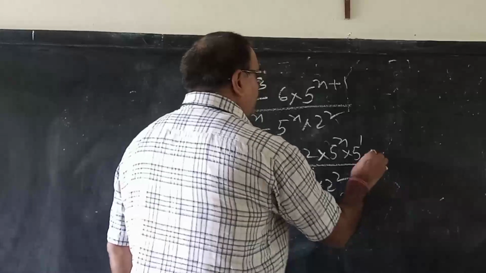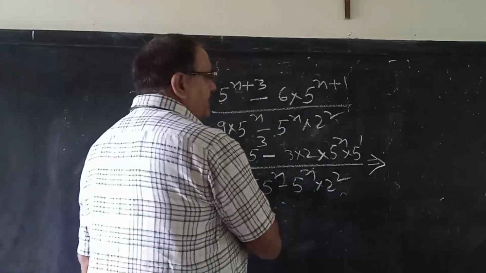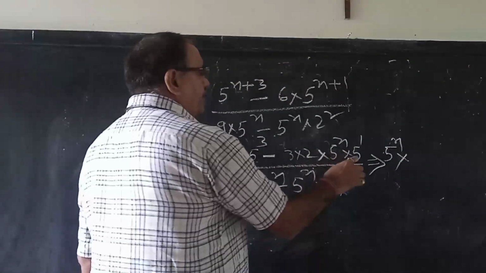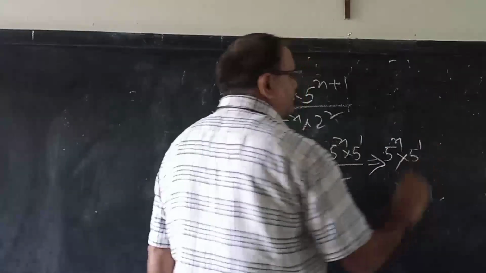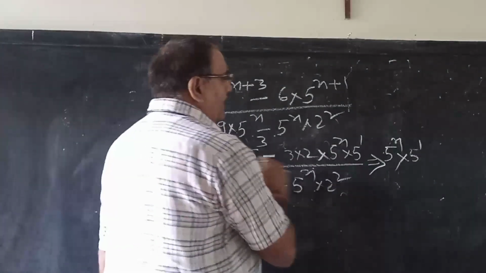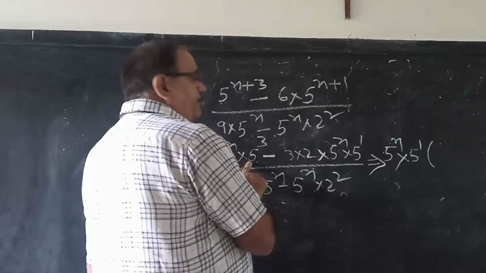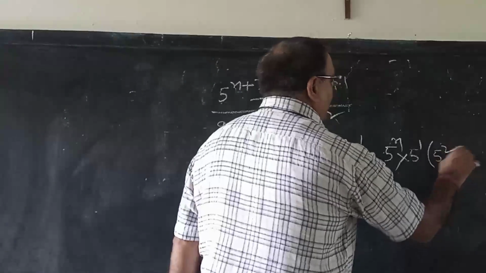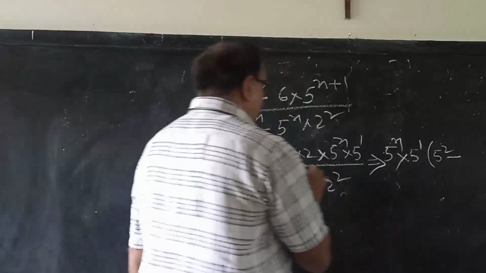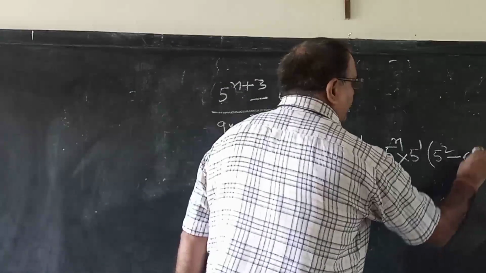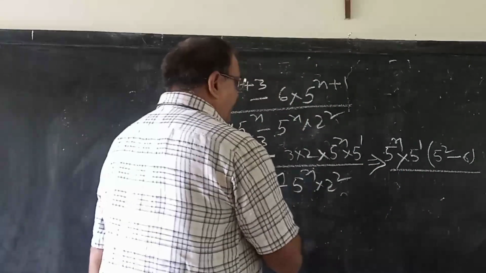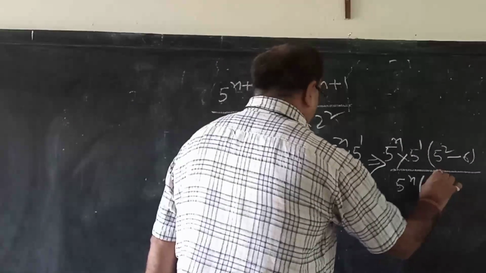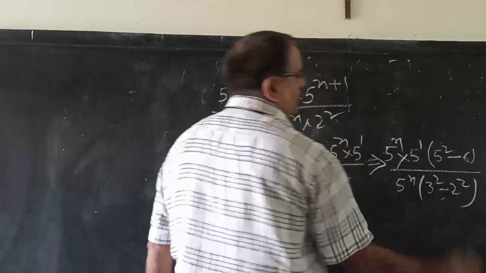What is common here? 5 to the power n is present in both, so it is common. Now 5 cubed here, 5 to the power 1 here. So 5 to the power n will be common. What will be left here? 5 cubed minus 2 squared, and in the denominator 3 to the power 6 minus 3 squared into 2 squared, by 5 to the power n common.